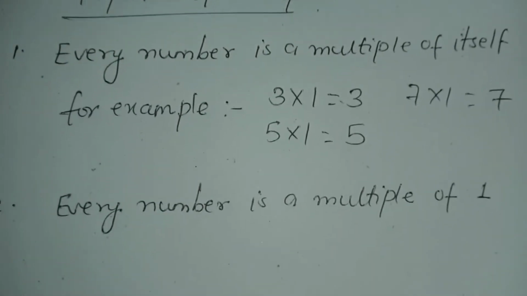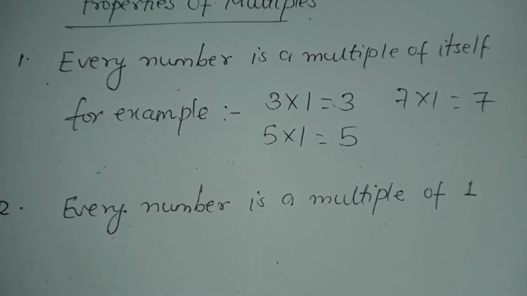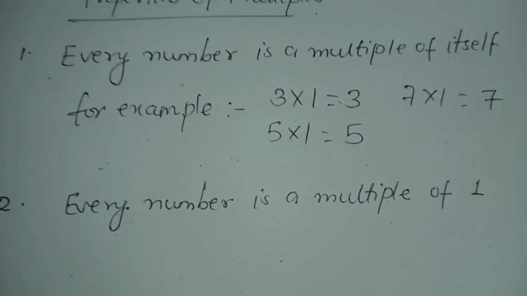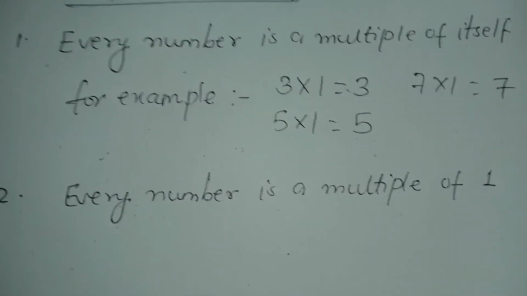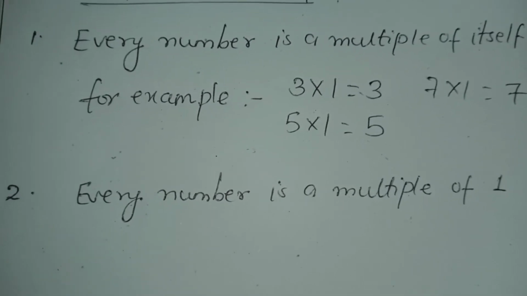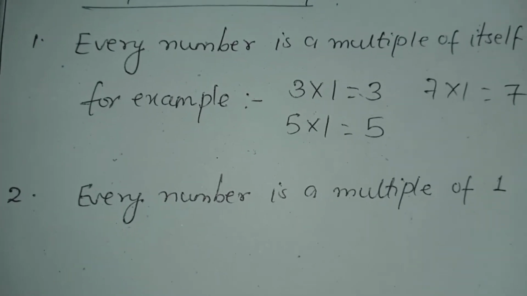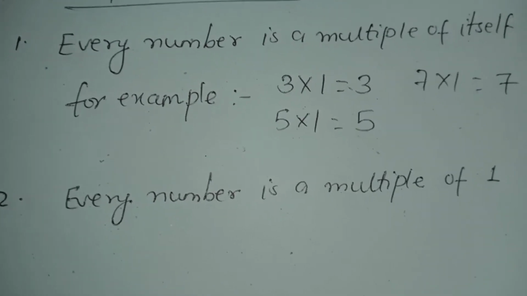Now let's see the next property. Property number 2. Every number is a multiple of 1. This means every number comes in the table of 1, no? 1 1 ja 1, 1 2 ja 2, 1 3 ja 3. So you can see that 3 also comes, 2 also comes, 1 4 ja 4. So it says that every number is a multiple of 1.